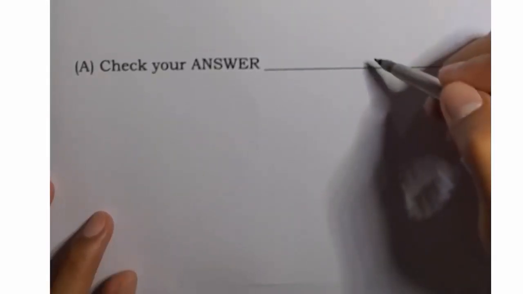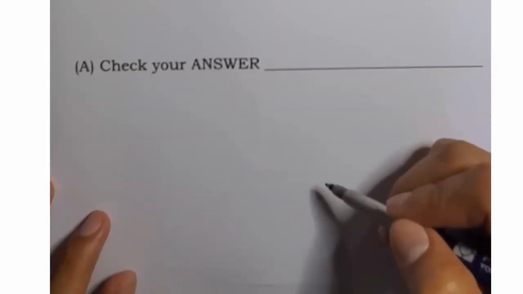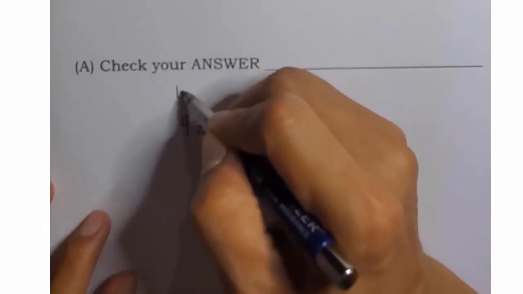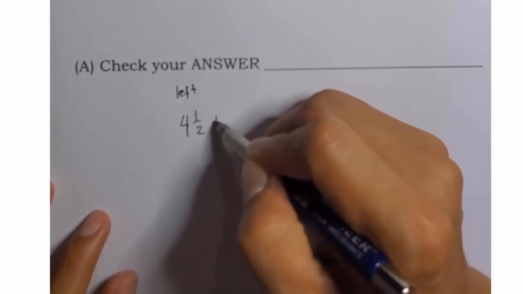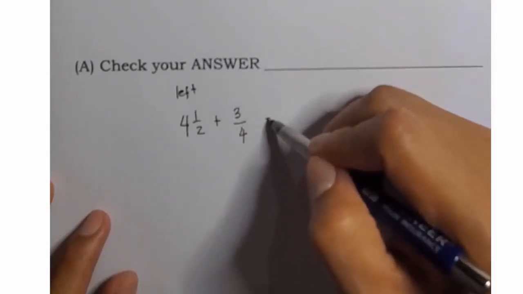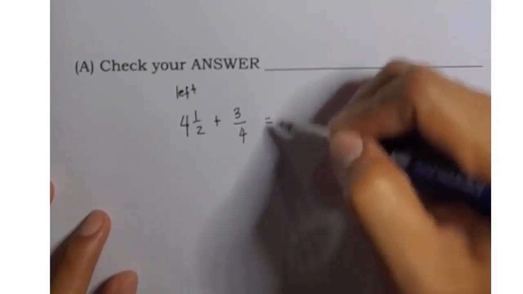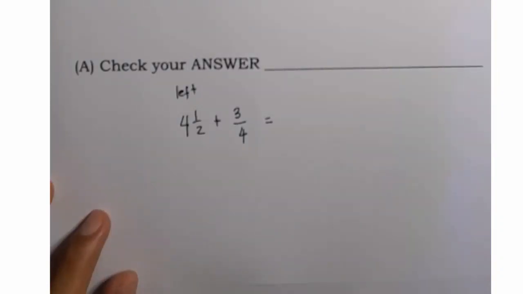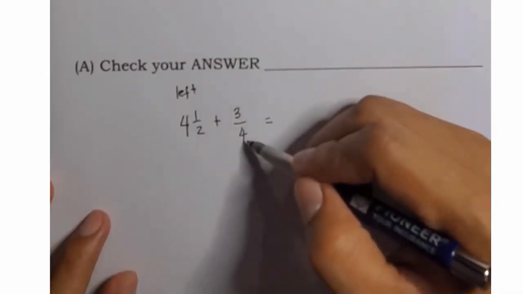Before we write our answer, let's check our answer first. 4 and 1/2, what is left? Then we will add the 3/4, which is used for their project. It should give us the sum of 5 and 1/4, which is the initial, yung pinakaunang meters of cloth bago pa binawasan ng 3/4.